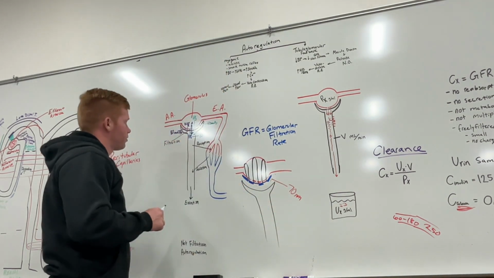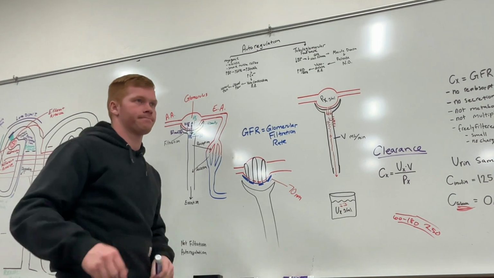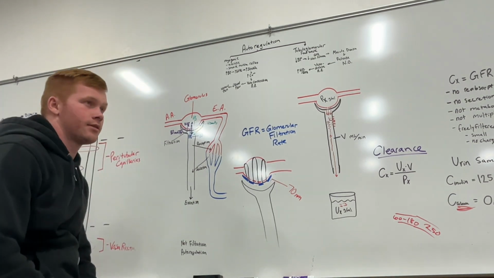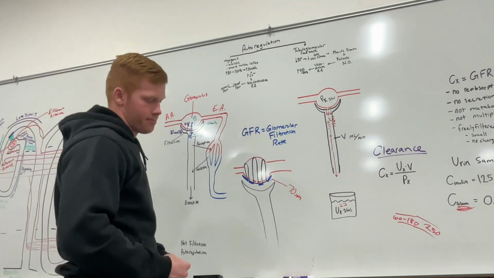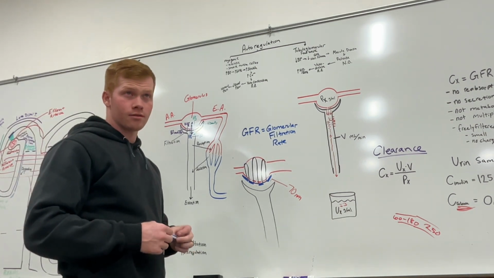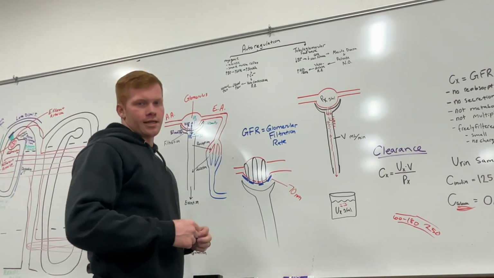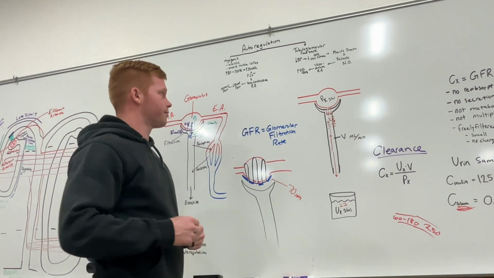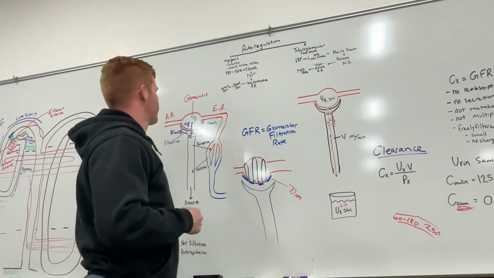And this one's cool because it has a way of monitoring sodium. I think it's just sodium, it might be something else too, but it monitors the sodium in the blood.